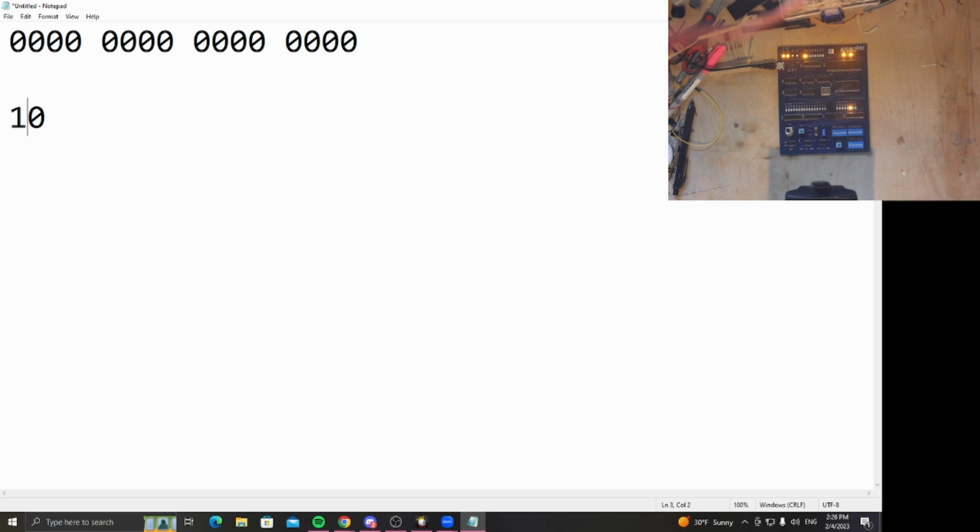But now, instead of being 10, but also instead of being 2, since we're working in hexadecimal, this is 16, right? Because to count again, 1, 2, 3, 4, 5, 6, 7, 8, 9, 10, 11, 12, 13, 14, 15, 16.